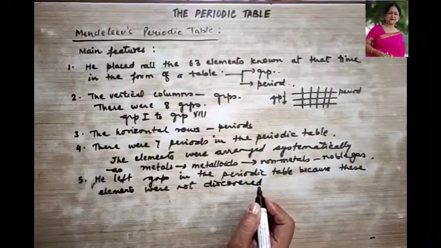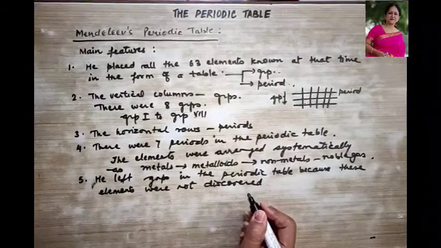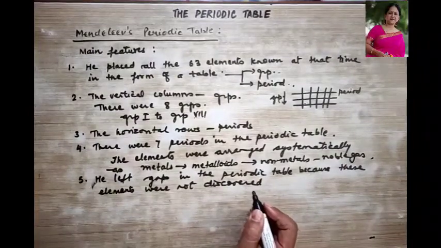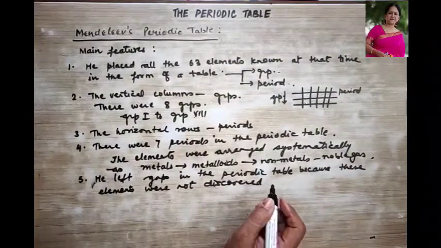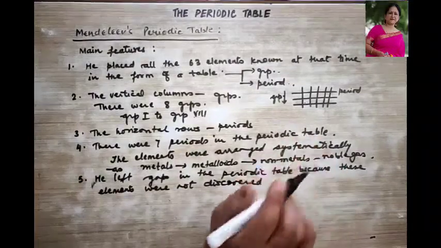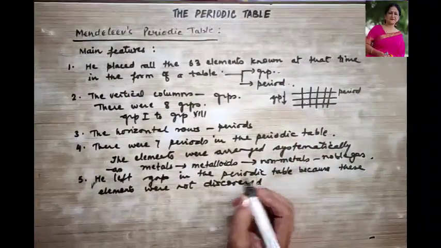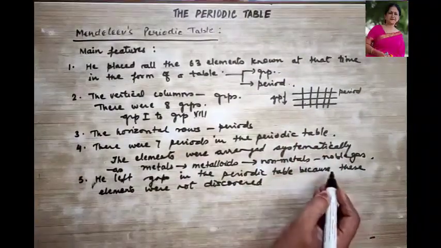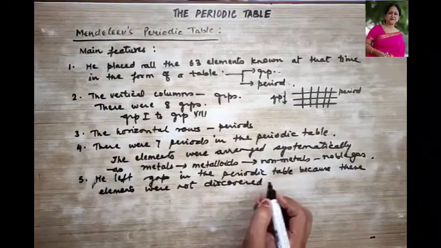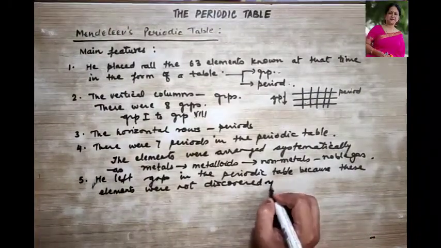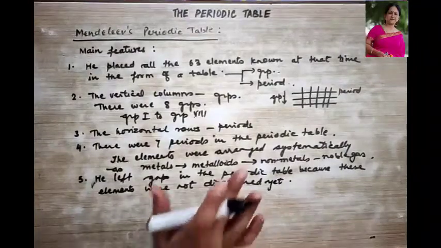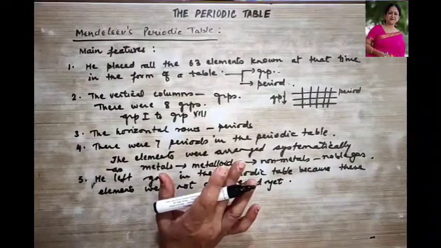He was a far-sighted scientist, he thought that whenever these elements will be discovered, they can be placed in those gaps. So he left the gaps in the periodic table, because these elements were not discovered yet. I hope till here everything is very clear to you.